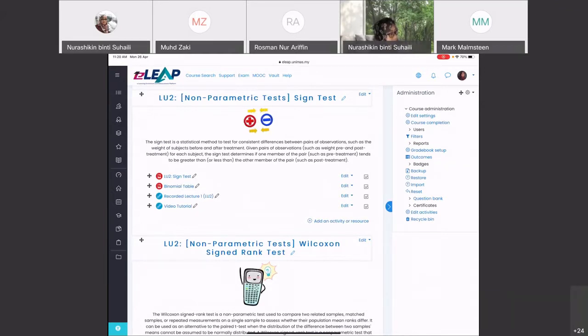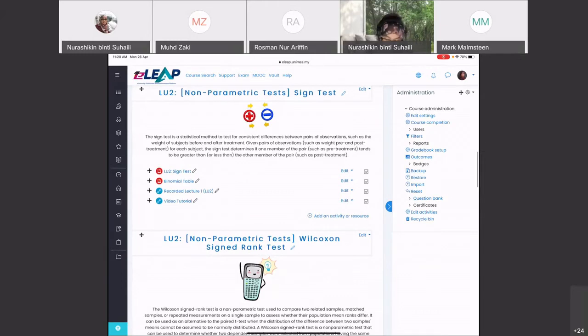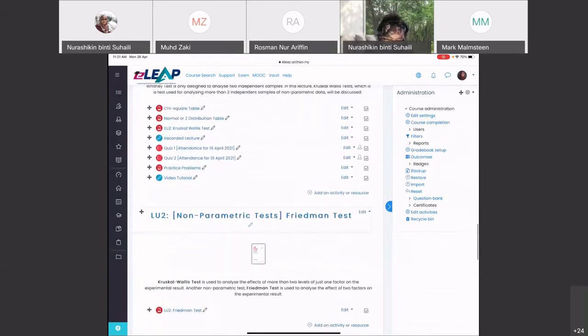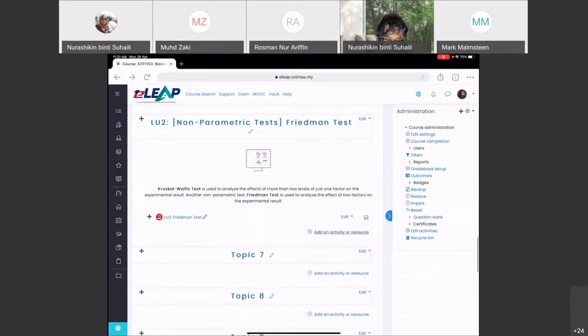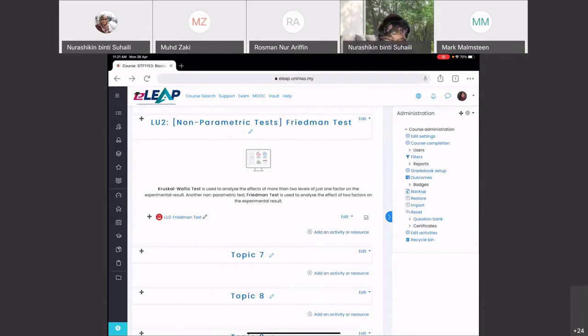That is the difference between the tests and how you apply them. I hope you still remember what non-parametric data means: data with a small sample size, or data that are ordinal or nominal.